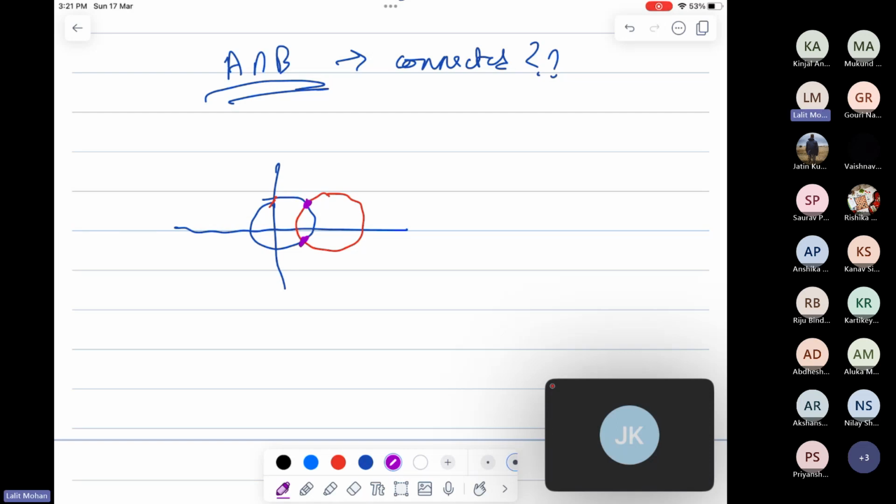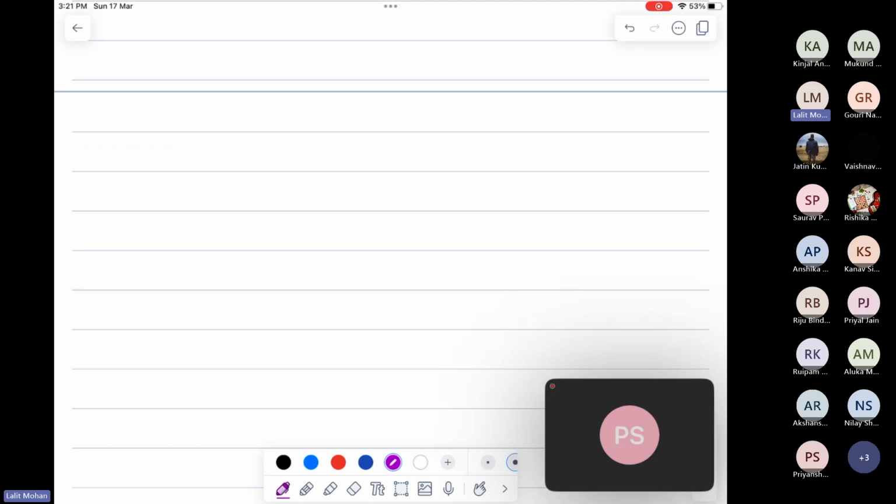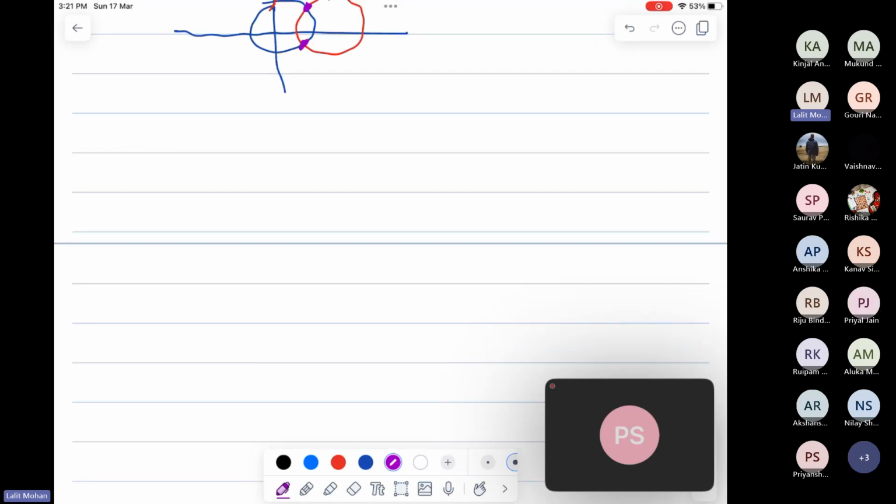Sir, how to show that A is connected? You know that in a metric space, like in R2, every path connected set is connected. You can easily show that any circle with any radius is path connected.